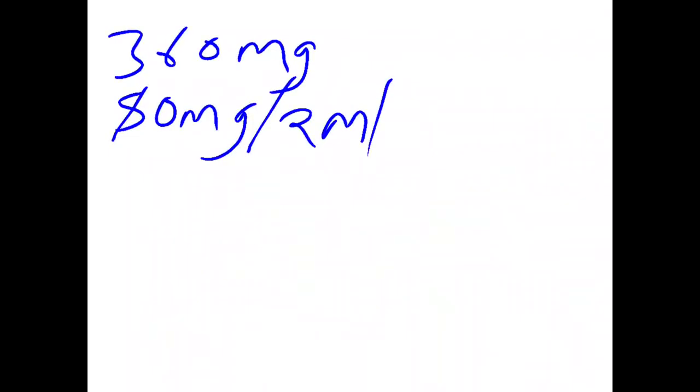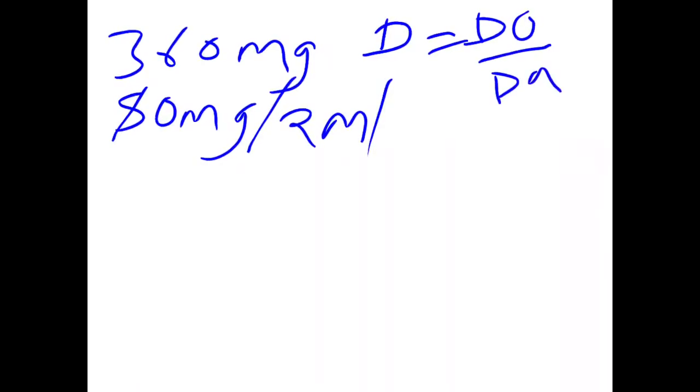Gentamicin is available as 80 milligrams per 2 mil. And the question is, how many mils will you draw up to inject the patient? As usual, the formula is dosage equals doctor's order divided by the drug available, times the volume.